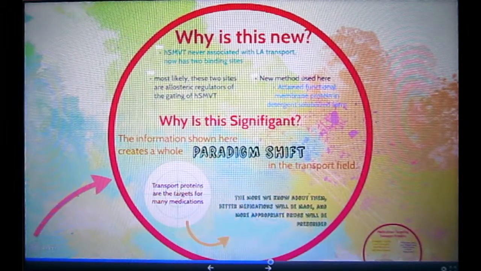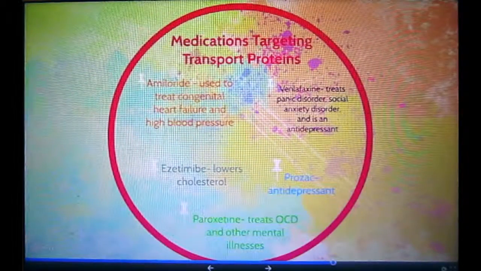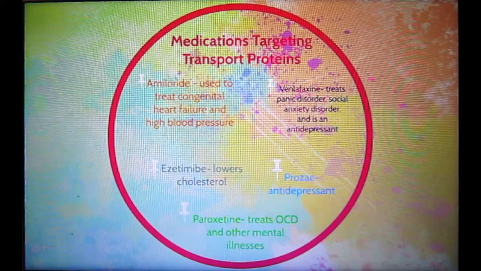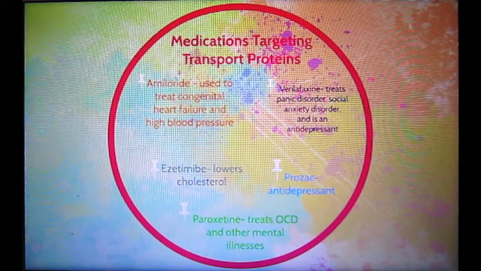On that topic, there are a bunch of medications targeting transport proteins. Probably one of the most famous is Prozac, which is a very heavily prescribed antidepressant. You also have amiloride, which is used to treat congestive heart failure and high blood pressure.